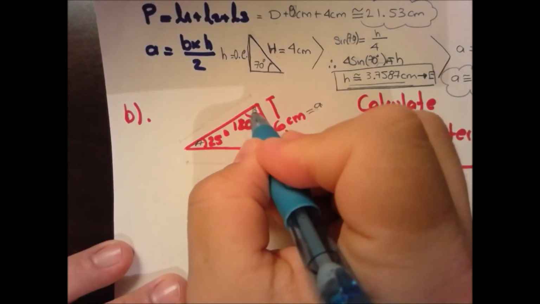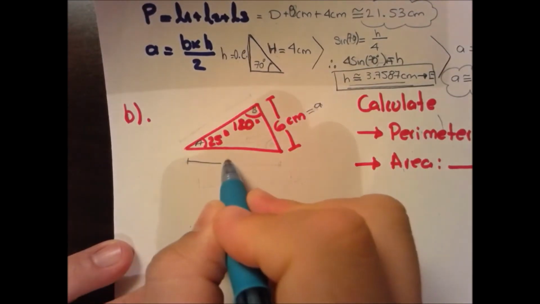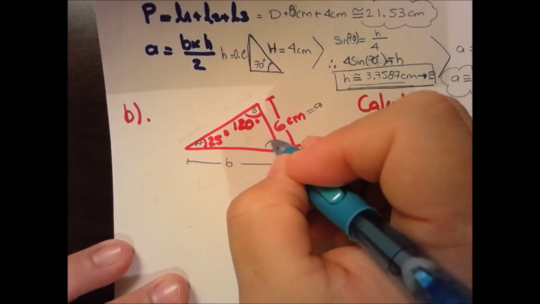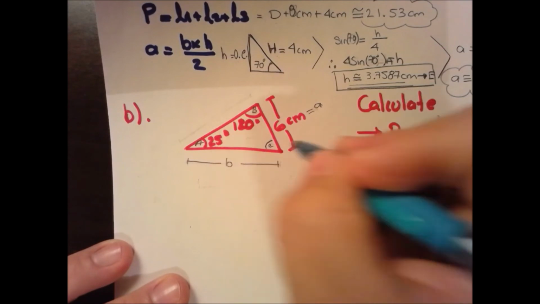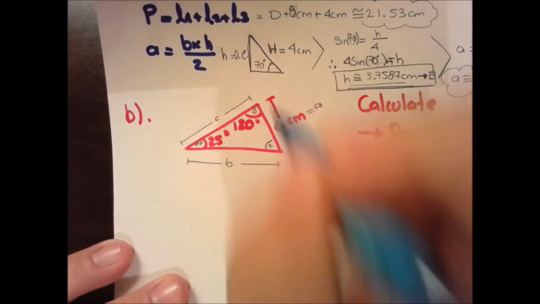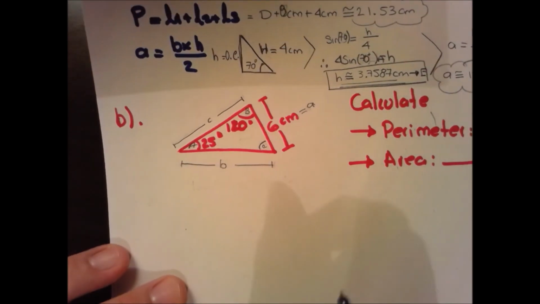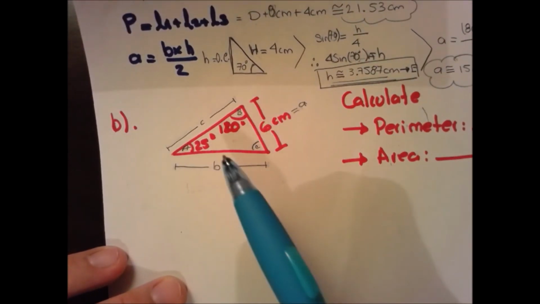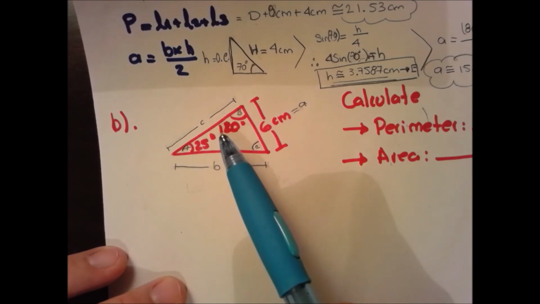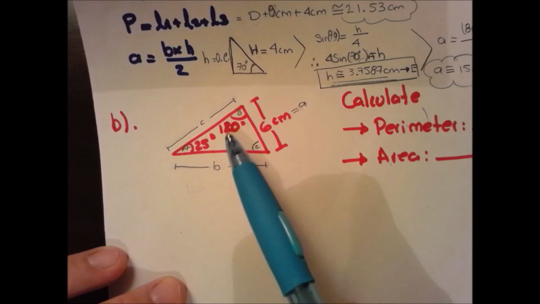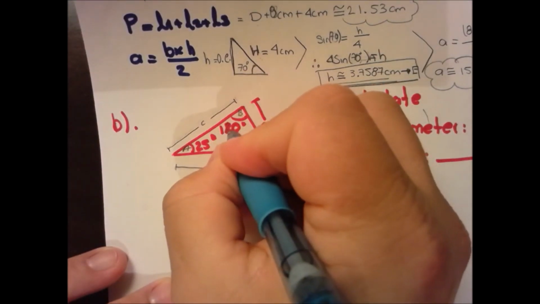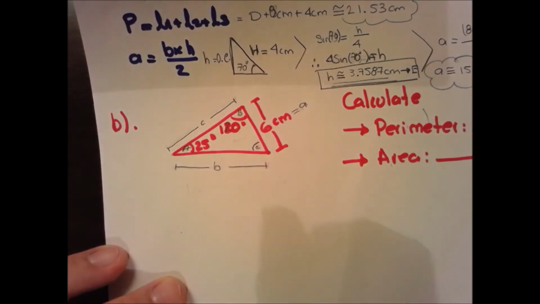This one is going to be B, so this side is going to be B. And finally, this angle is going to be C, so this side is going to be C. Here we have something special. Here we have a 25 degrees angle, and this is 120. It looks like something weird, but it's 120. I'm going to write here with pencil. Okay, it looks better.